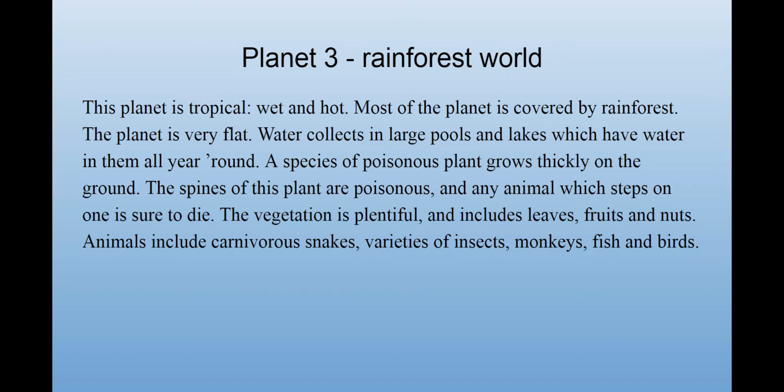Any animal which steps on one of them is sure to die. Vegetation is plentiful and includes leaves, fruits, and nuts. Animals include carnivorous snakes, varieties of insects, monkeys, fish, and birds. So rainforest world, tall trees, water in lakes, pools everywhere, all year round, and a poisonous vine plant that grows along the ground.